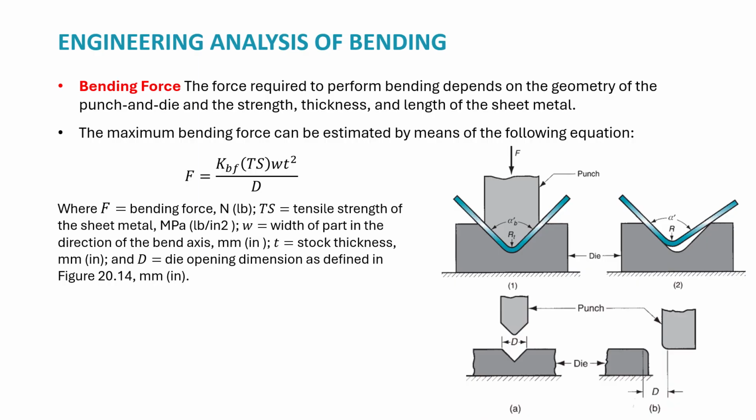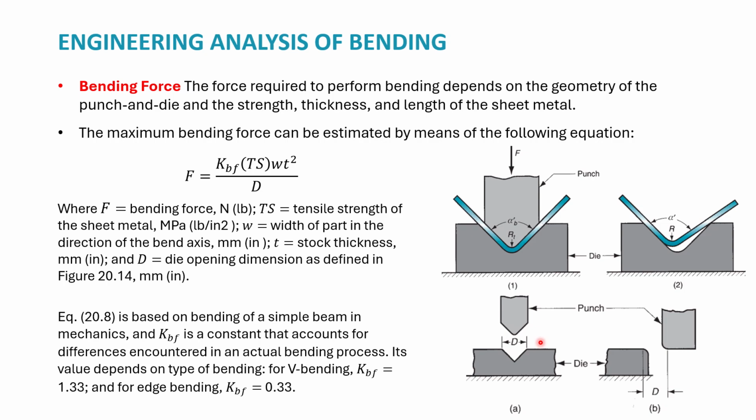The force F is equal to Kbf multiplied by TS multiplied by W multiplied by T squared divided by D, where F is the bending force in Newtons, TS is the tensile strength of the sheet metal in megapascals, W is the width of the part in the direction of the bend axis in millimeters, T is the stock thickness in millimeters, and D is the die opening dimension as defined in the figure, in millimeters. So that's the D.